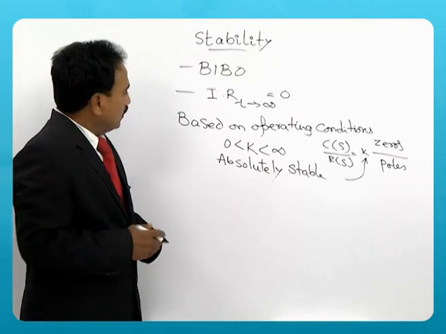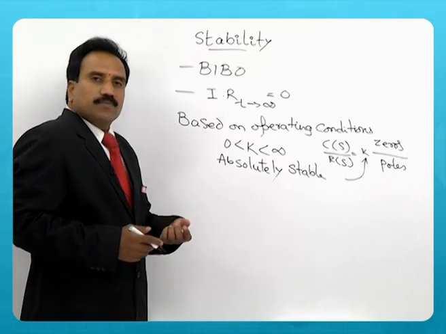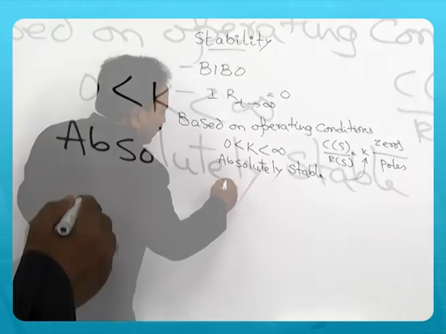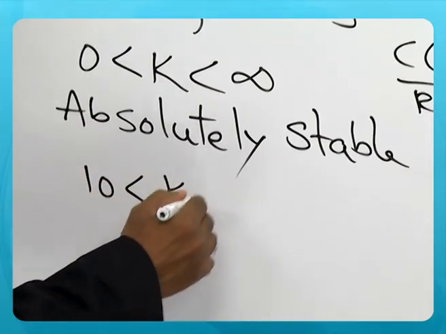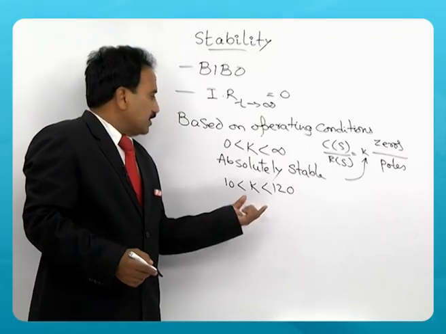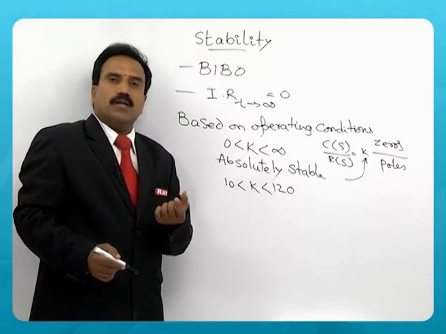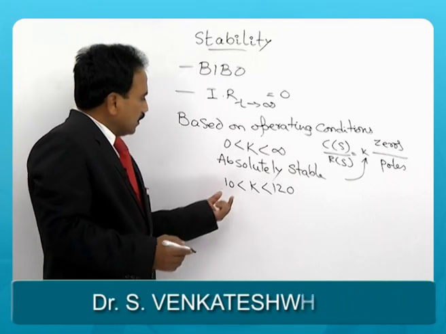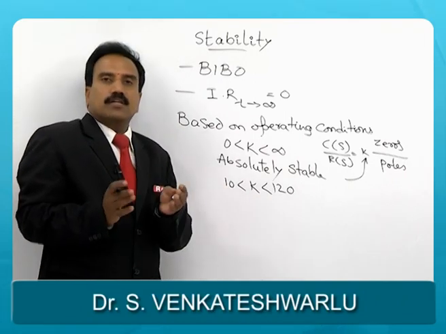Next, conditionally stable. For example, if K lies between 10 and say 120, then we say that it is a conditionally stable system or limitedly stable system, because the range of K is limited.